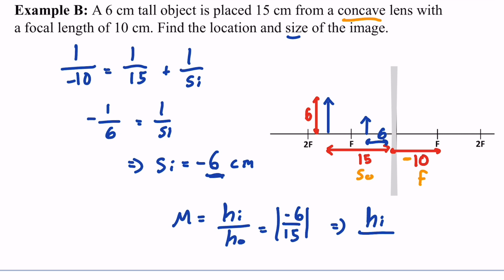So the image height over the object height of 6 will be equal to 6 over 15, which gives an answer of 36 over 15, or 2.4 centimeters.